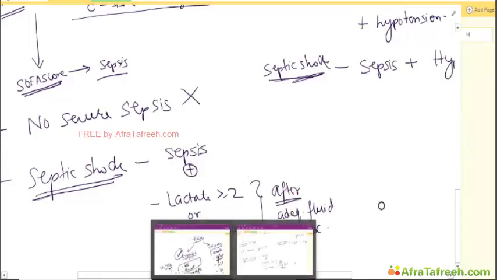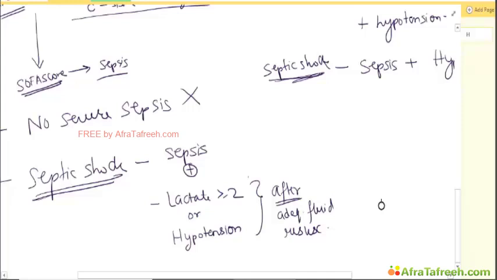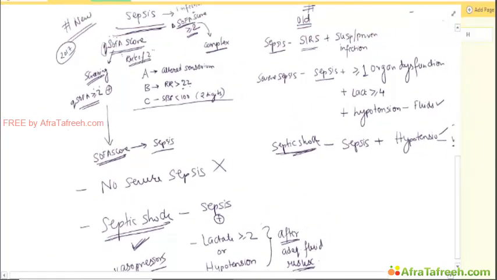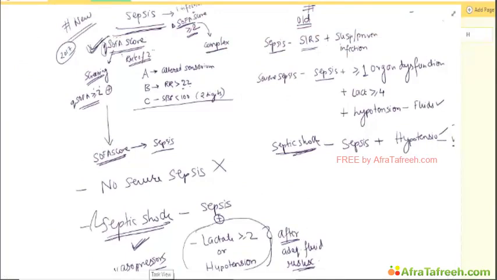If any of them is present this way, then this is considered septic shock. Okay. Again, septic shock as per this definition also requires vasopressors. So this is the new definition of sepsis: Quick SOFA score to diagnose sepsis, and the definition for septic shock by lactate and fluid resuscitation.